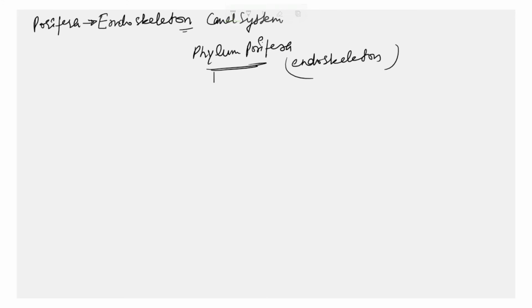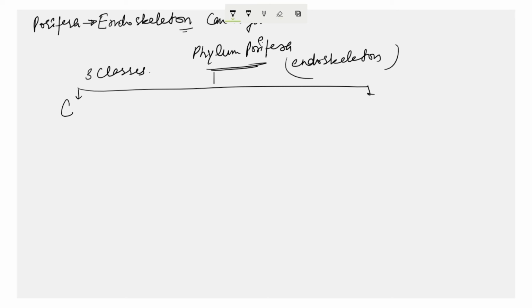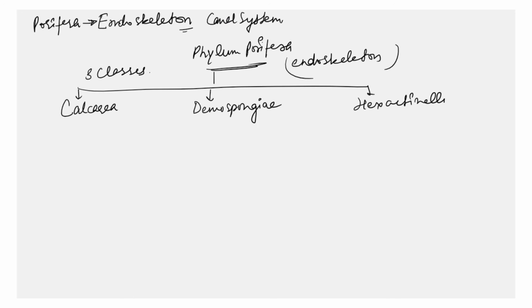First one is Calcarea, second one is Demospongia, third one is Hexactinellida. The spicules in Calcarea are going to be made up of calcium carbonate, and in Demospongia they will be made from spongin fiber.